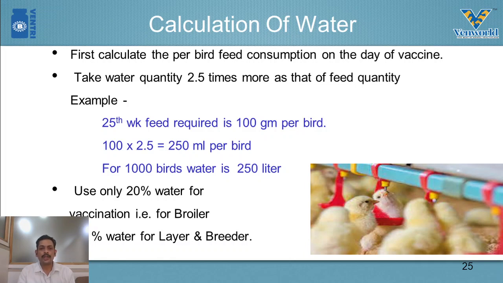For example, if 25th week birds are there, and the feed requirement is 100 gram per bird, we calculate this 100 gram feed into 2.5 times. So the water per bird required is 250 ml. So for 1000 birds, the water requirement is 250 liters, and use 20% water for vaccination for broilers and 30% water for layer breeder vaccination.